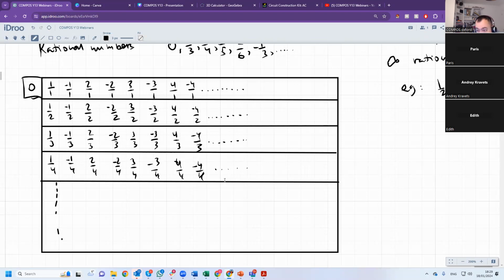Now we need to eliminate the identical fractions. So for example, 1 over 1 is the same as 2 over 2, is the same as 3 over 3, the same as 4 over 4. Minus, so you need to cross out these. But we can do this as we go along.